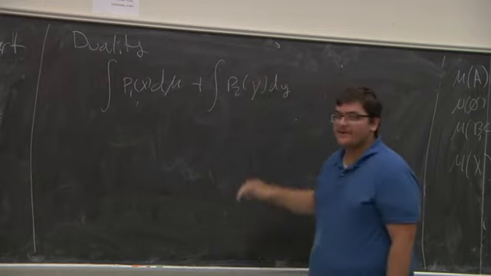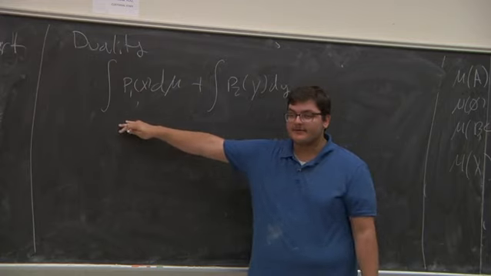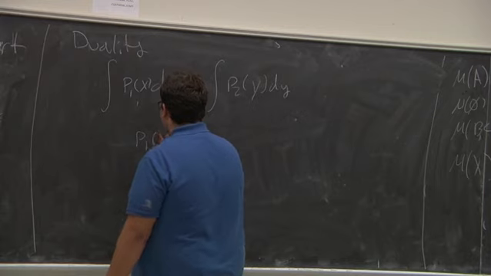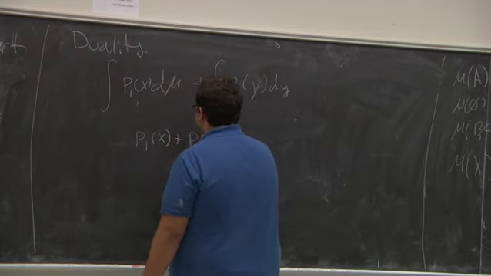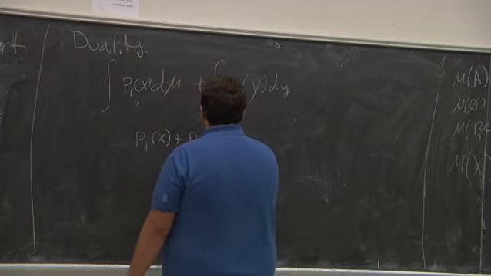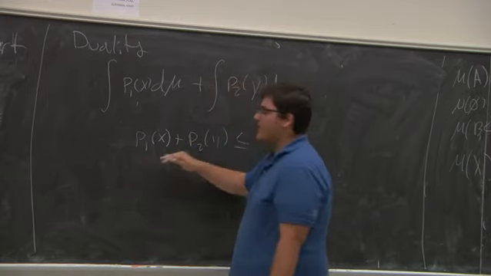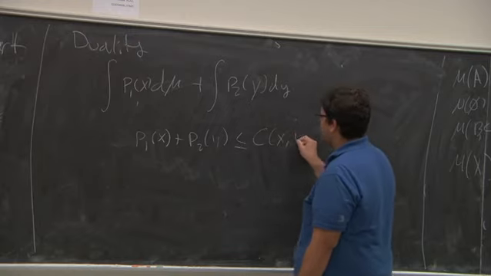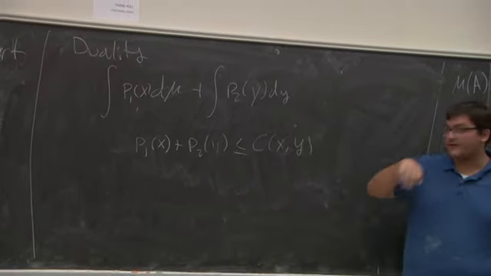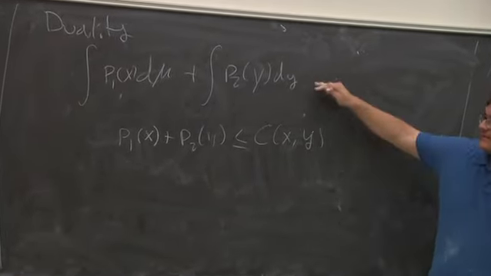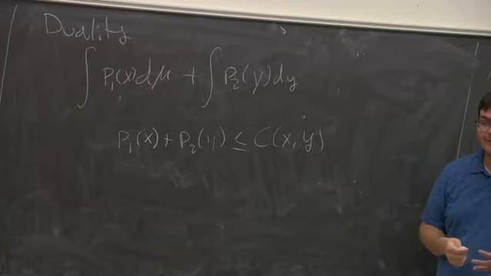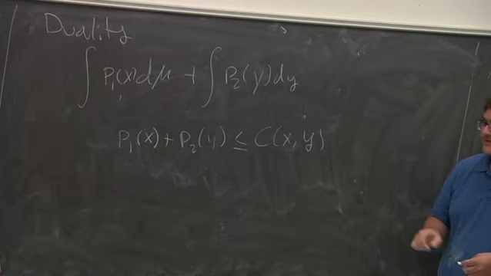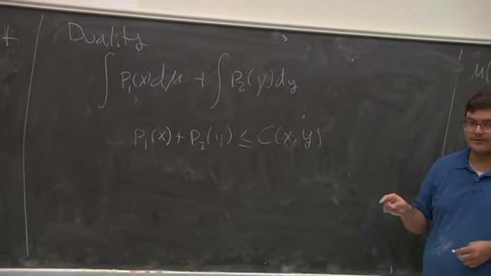If I minimize this, such that at every single point x and y the price is less than it would cost me to do it myself, meaning it's less than the cost c(x, y). So if I solve this problem, what is the optimal price, it turns out that I've solved the other problem as well, right?